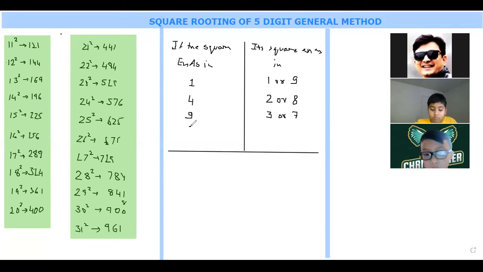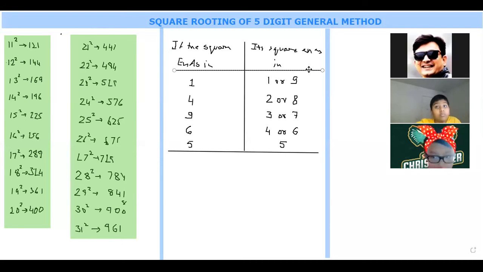If the square ends in 6, its square root will end in 4 or 6. And if the perfect square ends in 5, its square root will also end in 5. This is what we did in the previous class as well, right? So just write it down, then we will start with the technique.